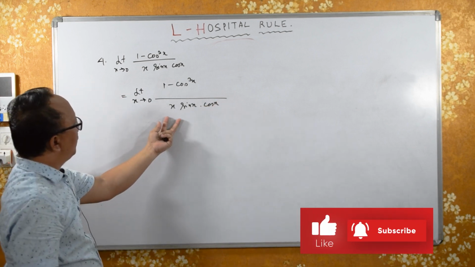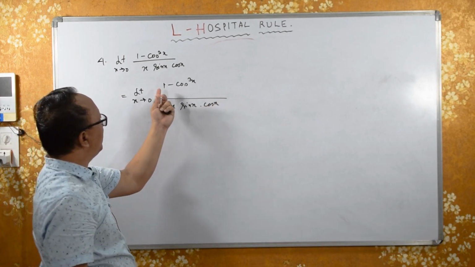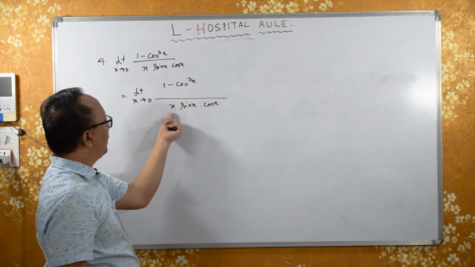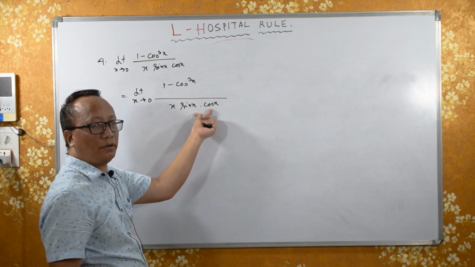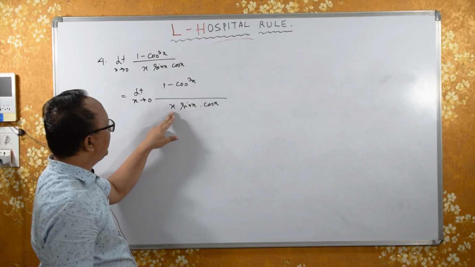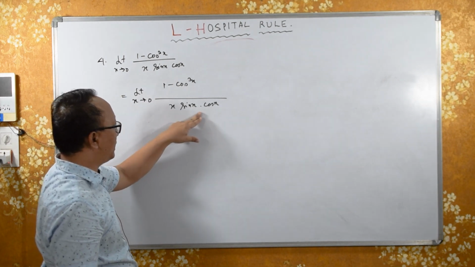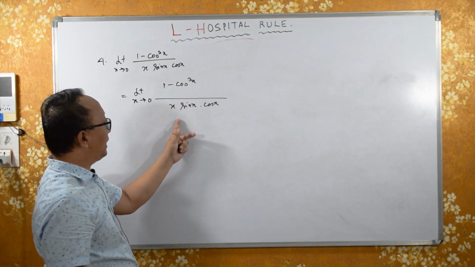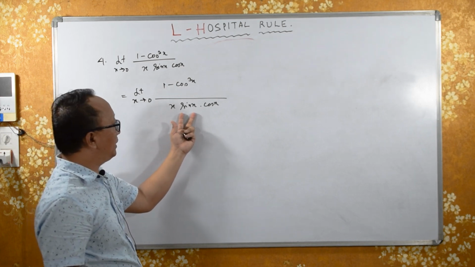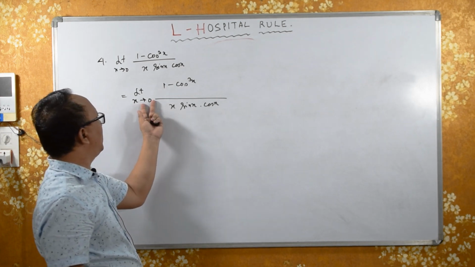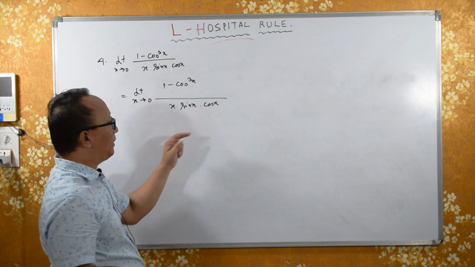Now if I divide numerator and denominator by x square. Why x square? Because if I divide by x, then this x and x will cancel. If I divide by x square, the x will get cancelled, and then sin x by x will be there. And then when x tends to 0, the cos x will be 1.